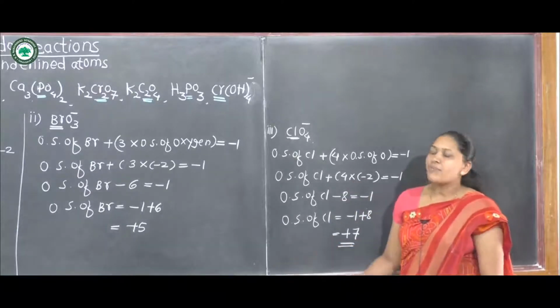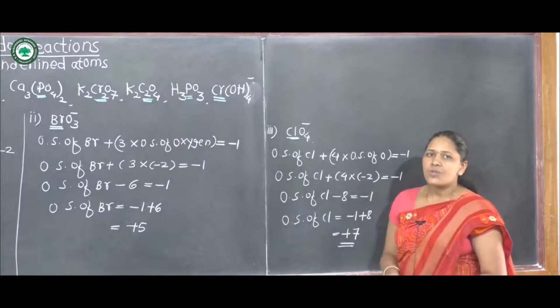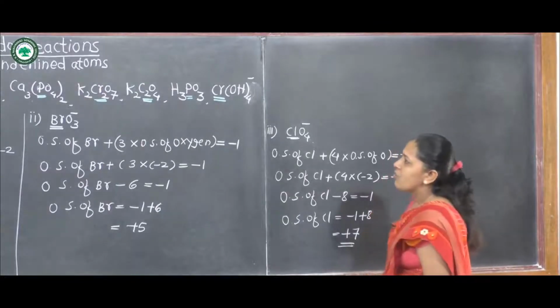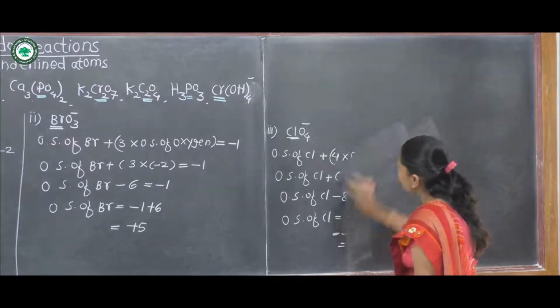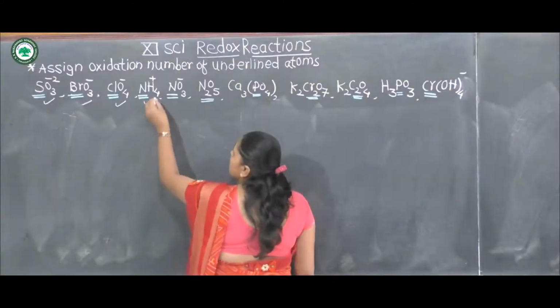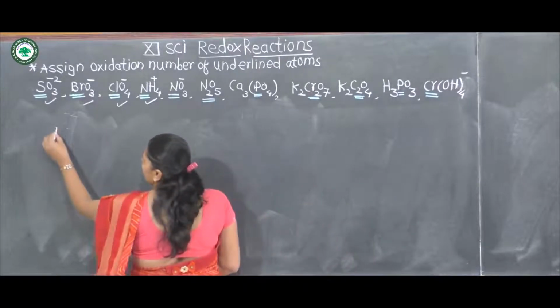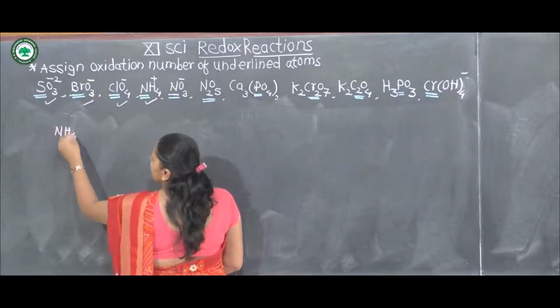In both examples, bromine and chlorine are attached to oxygen, therefore they show positive oxidation state. Then the fourth example. In the fourth example, we have to calculate the oxidation state of nitrogen in the ammonium ion, NH4 plus.